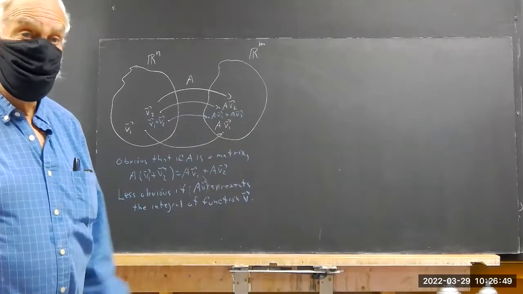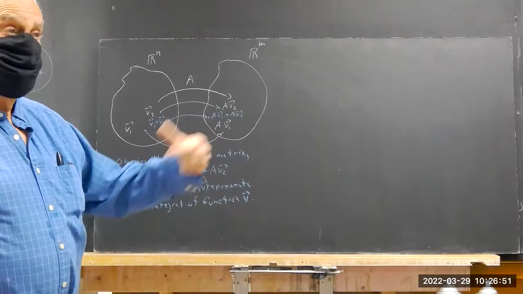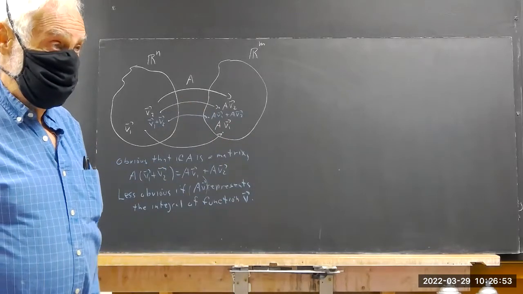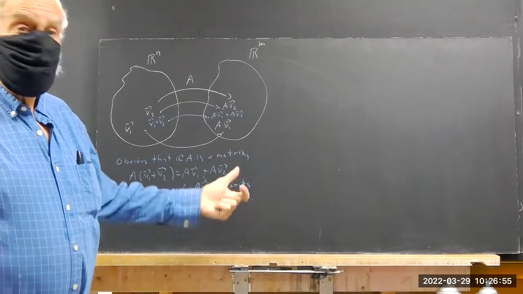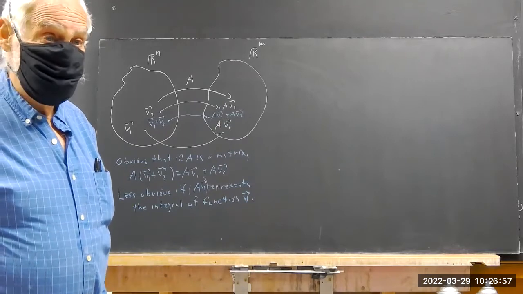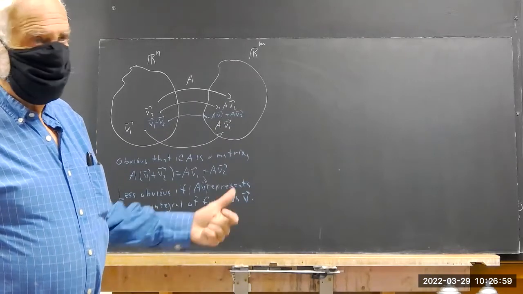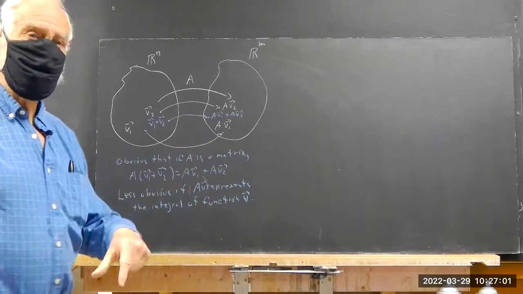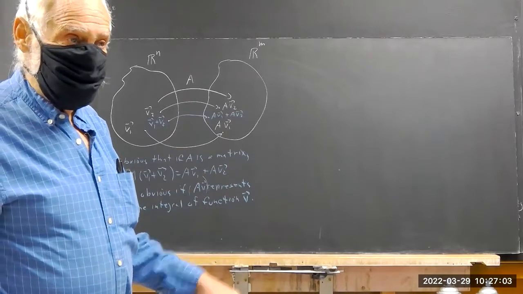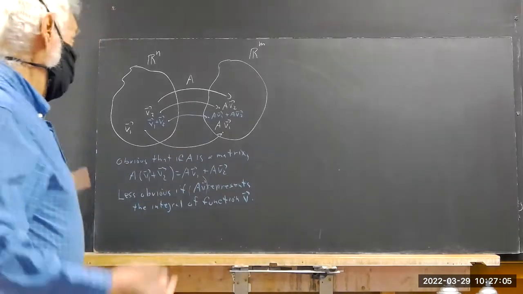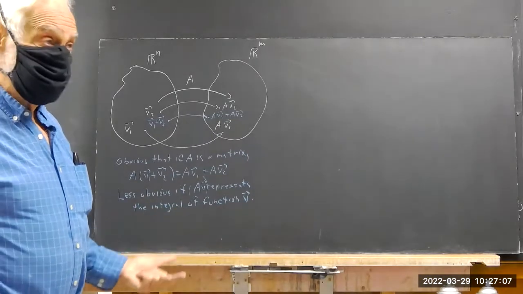Same with the derivative. The derivative of F plus G is the derivative of F plus the derivative of G. So that's about as weird as they get. Well, no, they get a lot weirder than that, but that's about as weird as anything you're going to see. But once you get used to it, you say, yeah, that's a perfectly good definition of a vector space.